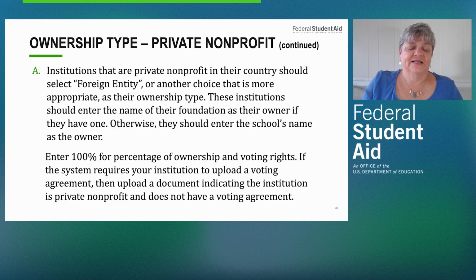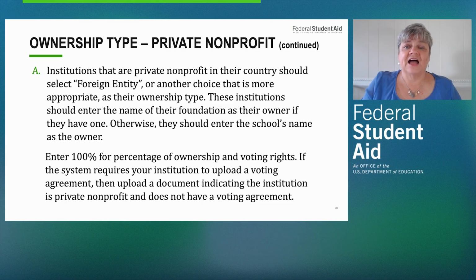The answer is private nonprofit schools also must enter owner information in the new EAP. Some private nonprofits are governed by foundations. If that's the case, then the school should report the foundation as the school's entity owner.